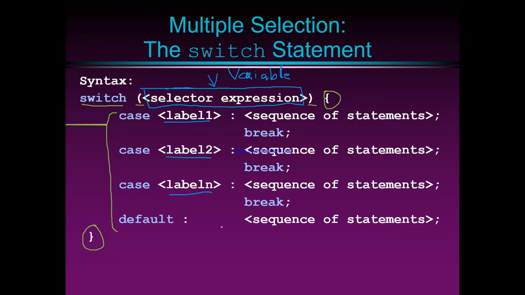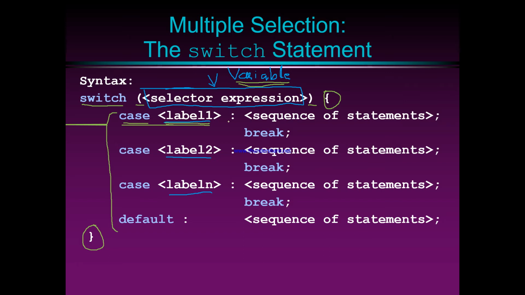Case is a reserved keyword, and it should be written in small letters. Then there should be a constant which is known as a label. This label is the expected value of the variable. If this expected value matches the value of the variable, this case will be executed.